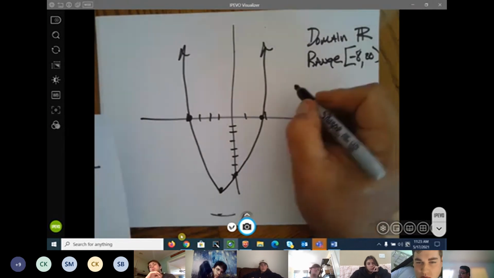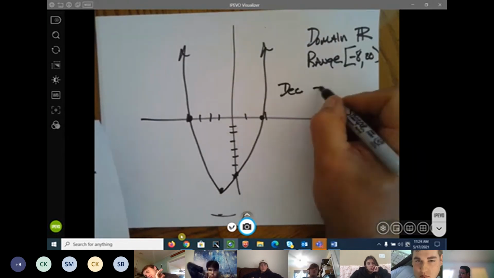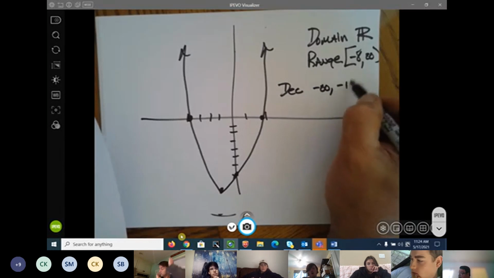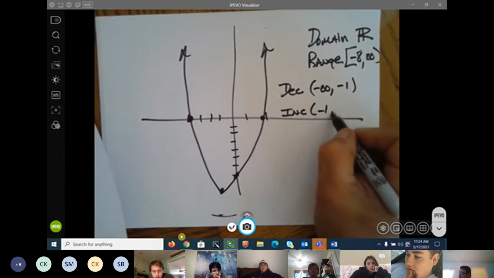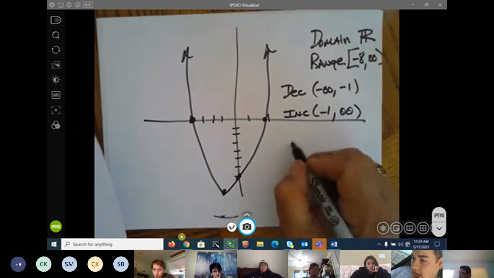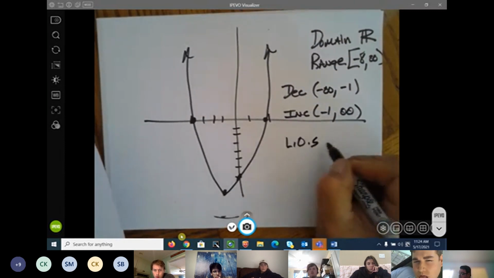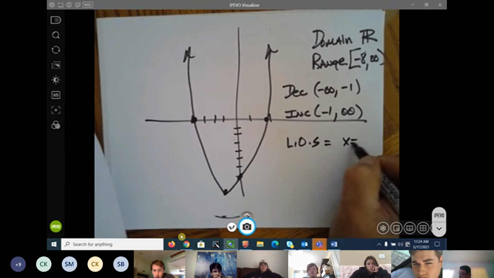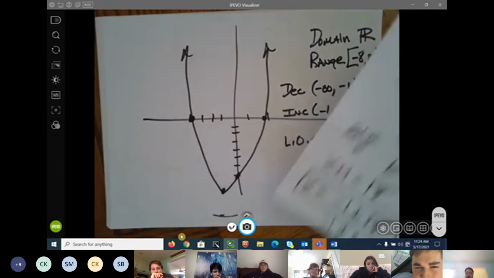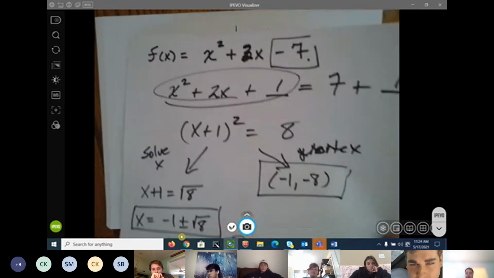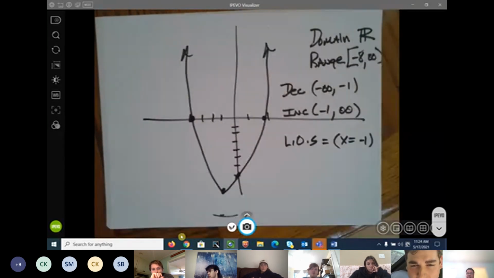Decreasing values from -infinity to -1, and increasing values from -1 to infinity. And the line of symmetry is x is equal to -1. So this is 2 for 1. You got to be able to do this, and you got to be able to do that.